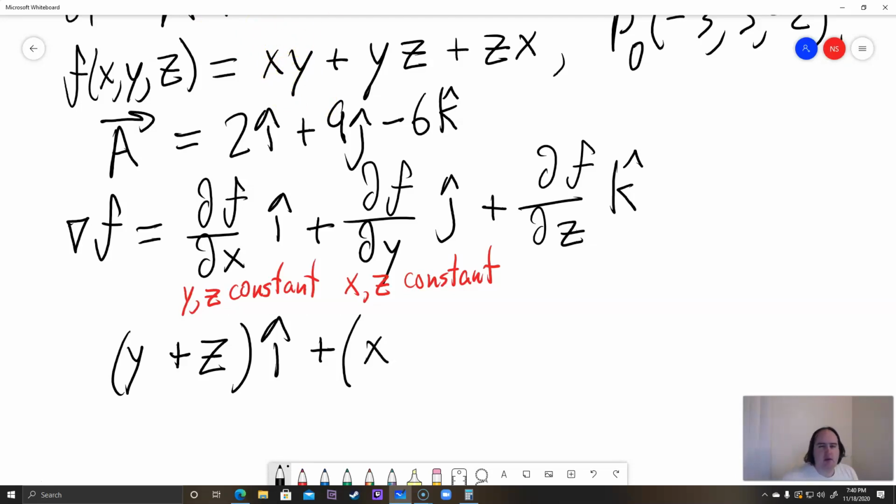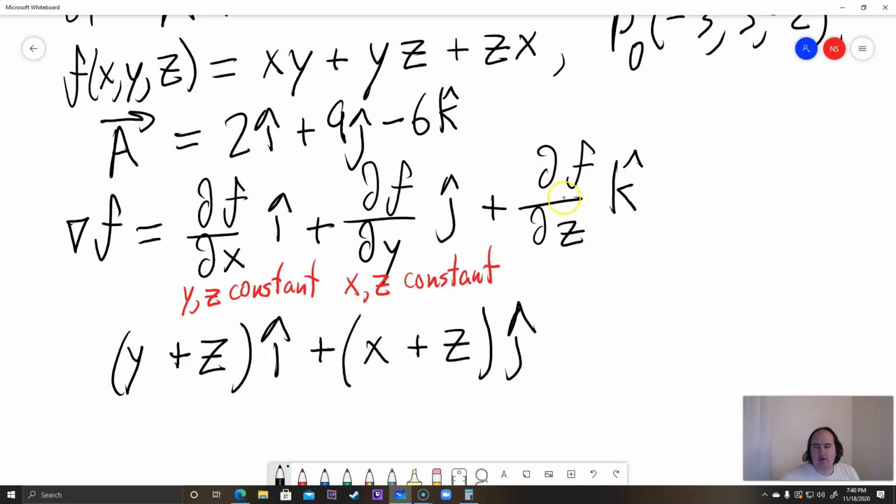The derivative of yz is going to be z. So we have x plus z. And then the derivative of zx, because x and z are both constant, that's going to be 0. So here we just have x plus z times j.